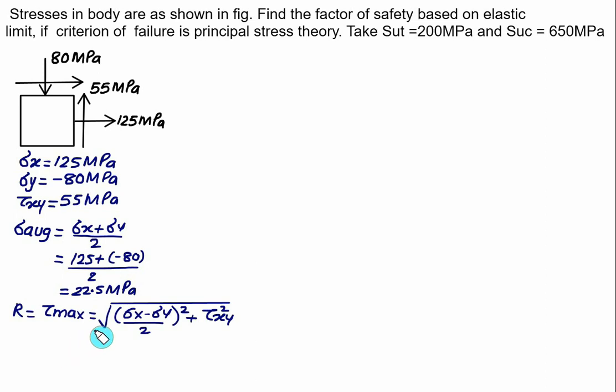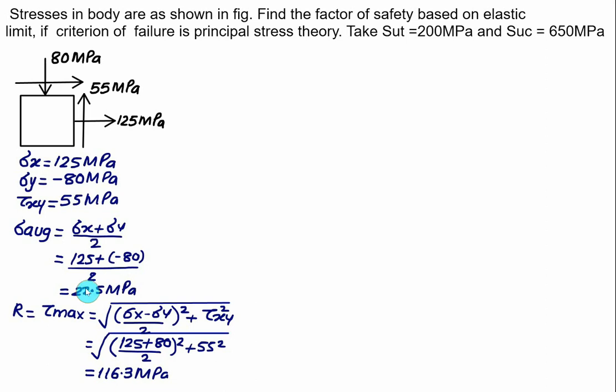Tau max is the square root of (sigma x minus sigma y by 2) whole squared plus tau xy squared, which is the square root of ((125 plus 80) divided by 2) whole squared plus 55 squared. So maximum shear stress will come out to be 116.3 megapascal.